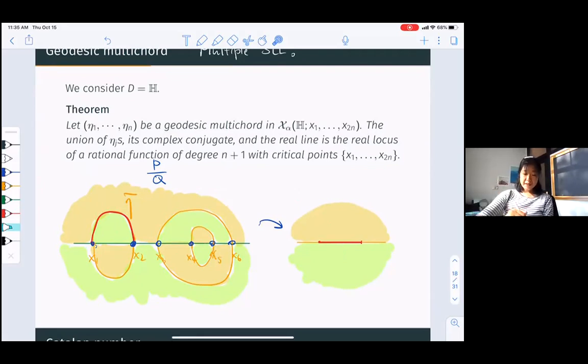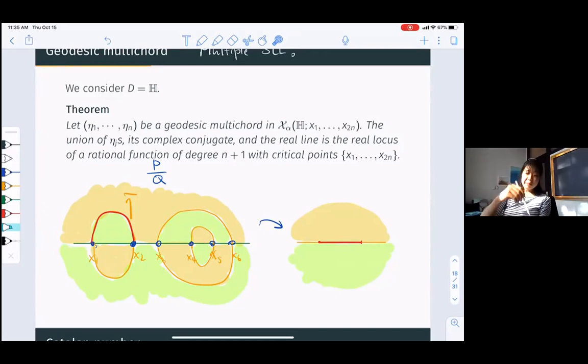We only use the fact that this curve is the hyperbolic geodesic in the union of the two faces. Then we keep going: this part will be sent to the lower half plane again, this to the upper half plane. Keep reflecting. We notice that the real line is always mapped to the real line. Therefore, by Schwarz reflection, you can extend this map again to the lower half plane.